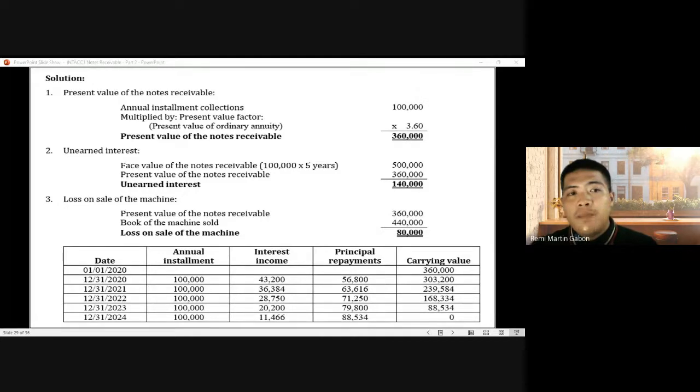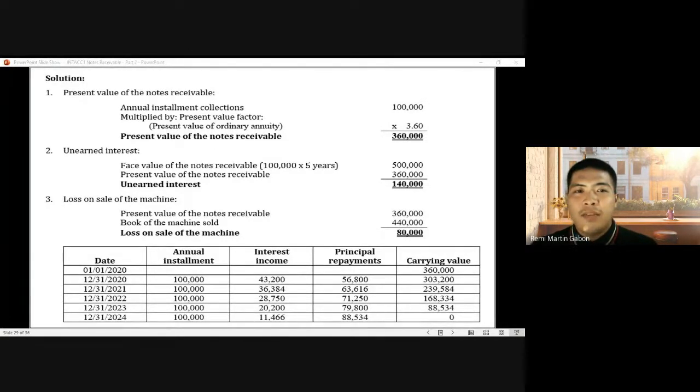So each 100,000 represents both principal repayment and interest income. If we consider 43,200 as interest income, we can say that out of 100,000, the principal repayment is 56,800.